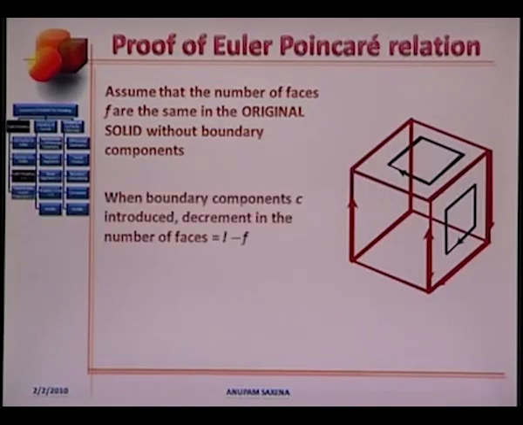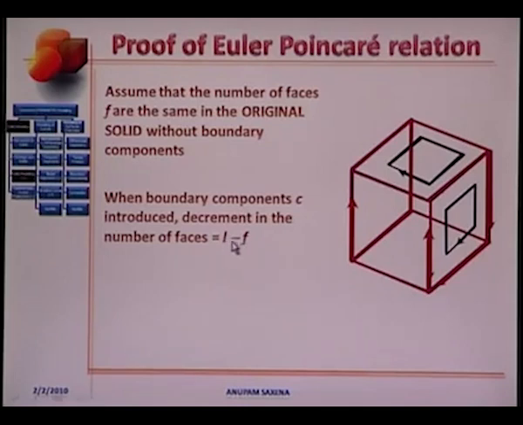Whenever a boundary component C is introduced, or whenever a number of boundaries C are introduced, there is a corresponding decrease in the number of faces. In a sense, the decrement in the number of faces will be equal to the number of loops minus the number of original faces.